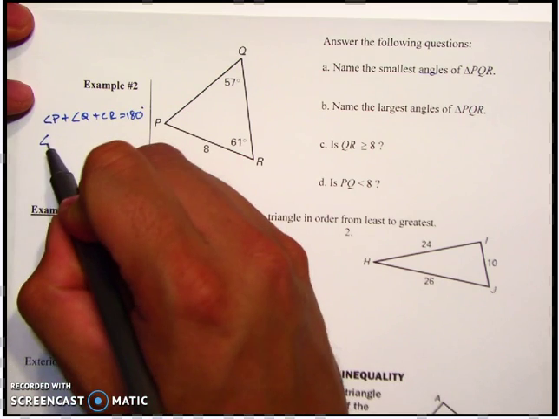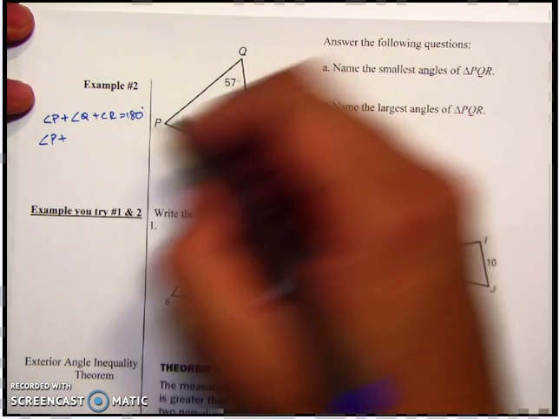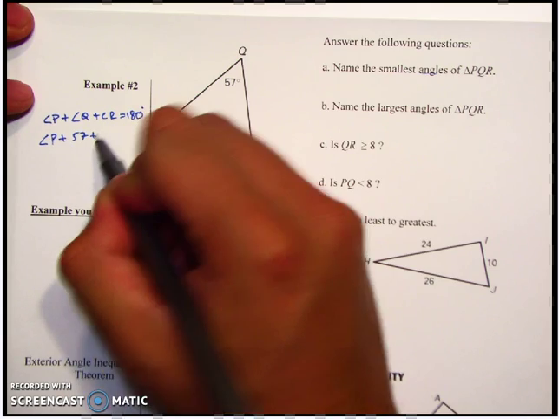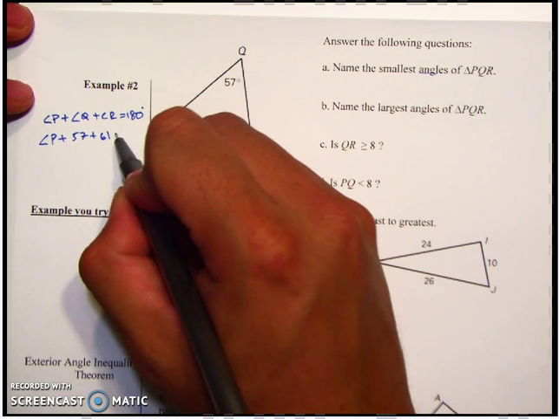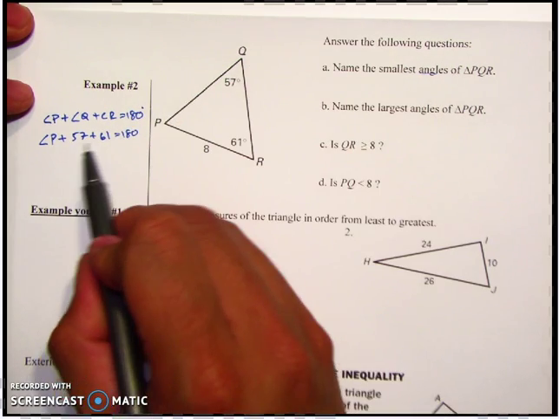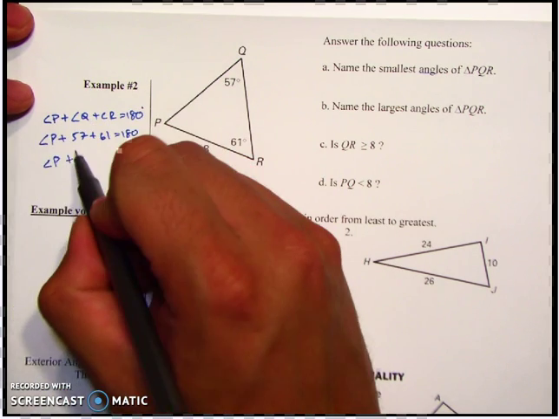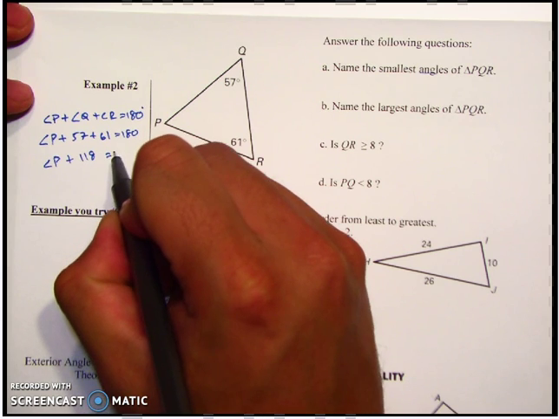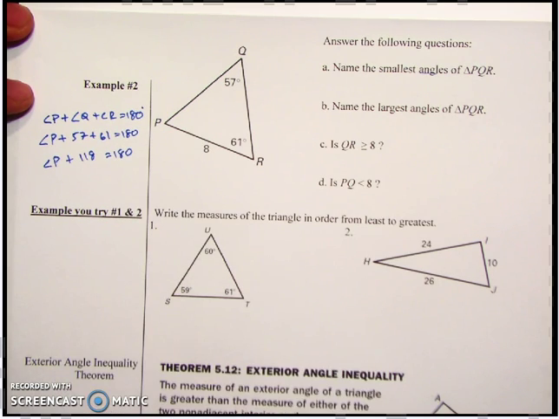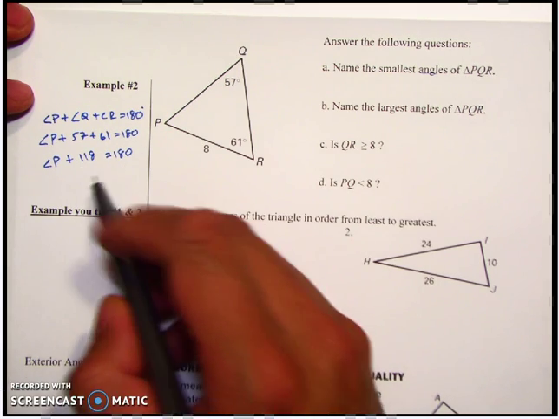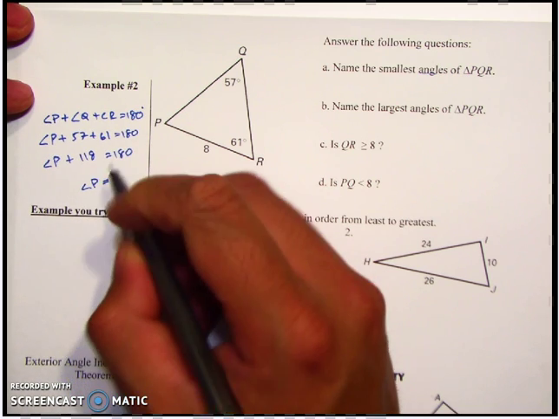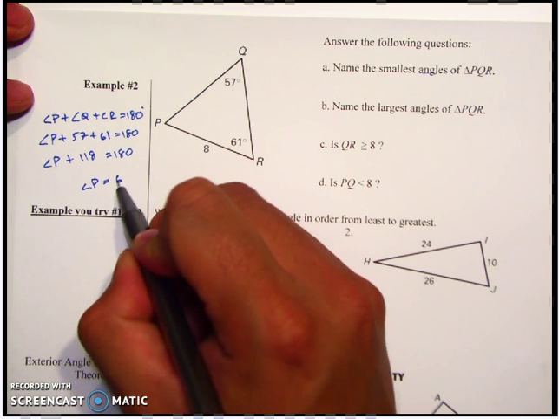We don't know what the angle P is. We know angle Q is 57. And we know that angle R is 61. Let's add these two. So angle P plus 118. And you subtract 118 both sides, so that means angle P is equal to 62 degrees.